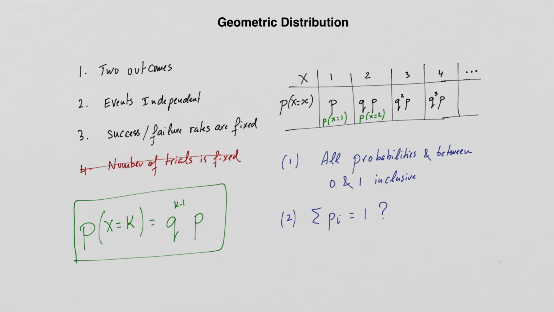P of X equals 2 means you got a 3 on the second trial, which means you did not get 3 on the first trial, and then you got a 3. That means you failed, and then you succeeded.